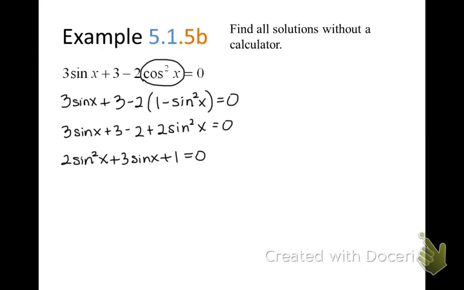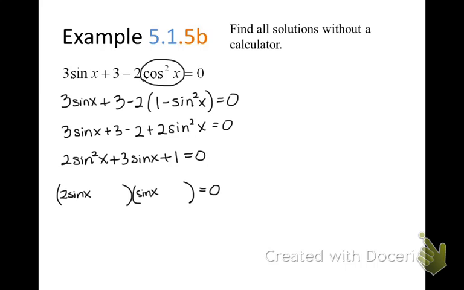Why did I put it in that form? Because now I can factor it. Factoring this, I need my very first terms to multiply to 2 sine squared. So one of them has to be 2 sine of x and one of them has to be just regular sine of x, so that it multiplies to 2 sine squared of x.